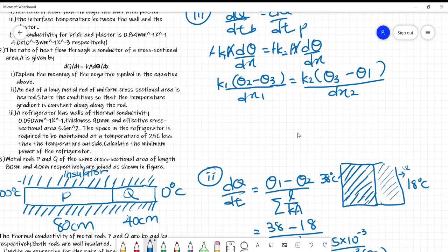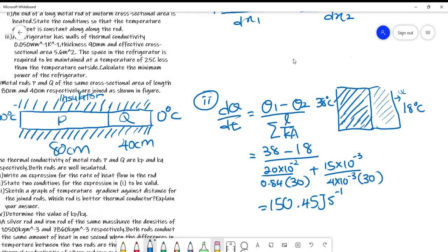Let me erase all this so that I have a bigger space.